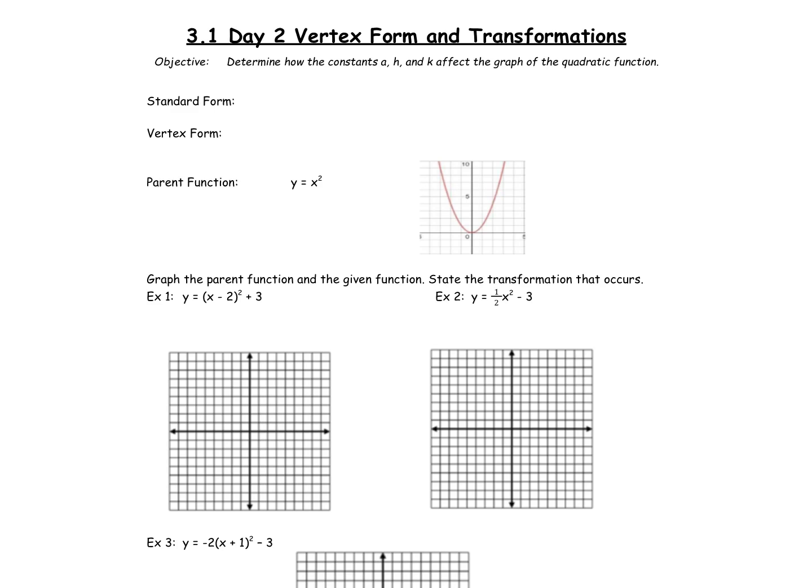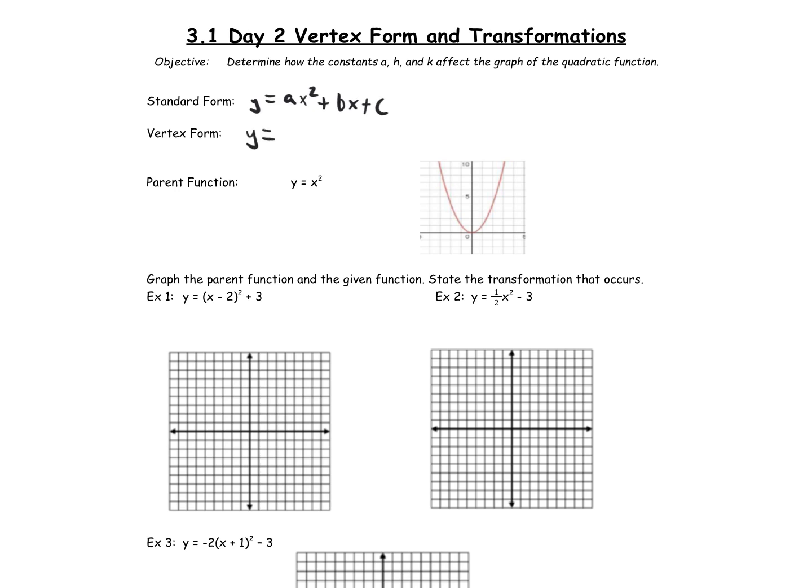All right, today we're going to be talking about how to graph quadratics from vertex form and the different transformations that occur in vertex form. First of all, standard form, remember, is y equals ax squared plus bx plus c. Vertex form is going to be a little different.